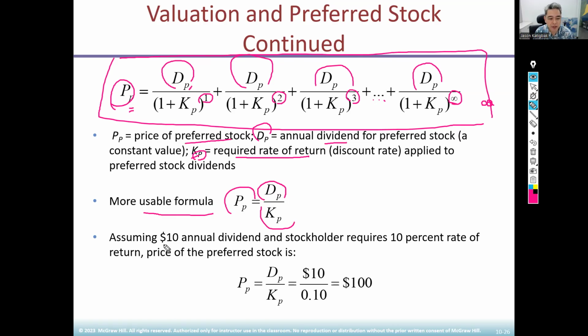So simply said, if your preferred stock earns an annual dividend of $10, divided by a 10% rate of return, it's basically $100. So that's the simplest thing. It's actually a simple calculation compared to a present value calculation when it comes to bonds.